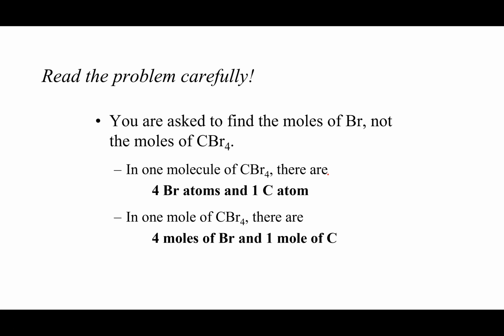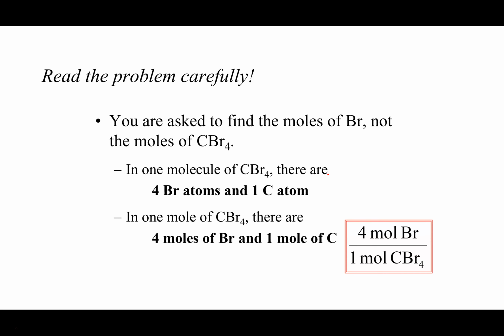If I get to moles of CBr4 molecules, I can then get to moles of bromine atoms this way. In 1 mole of molecules, I will have 4 moles of bromine atoms because of this 4 here. Okay? 1 mole of the molecules, we have 4 moles of the bromine atoms.